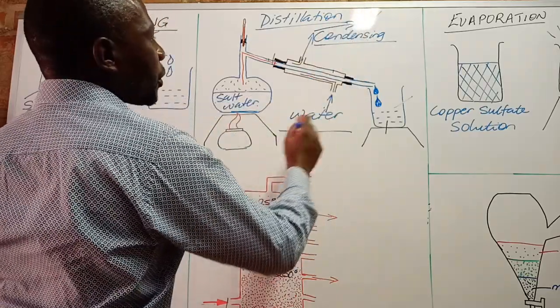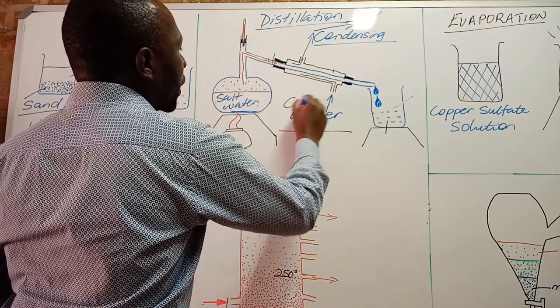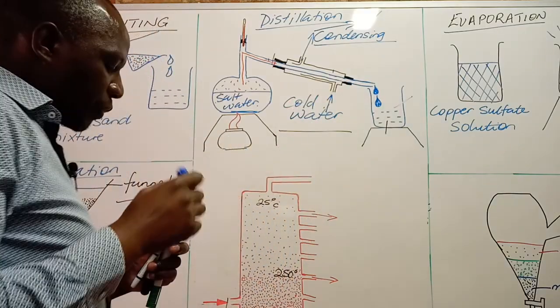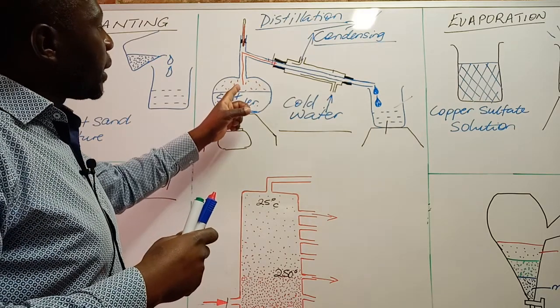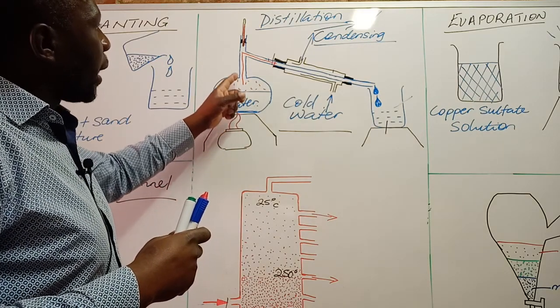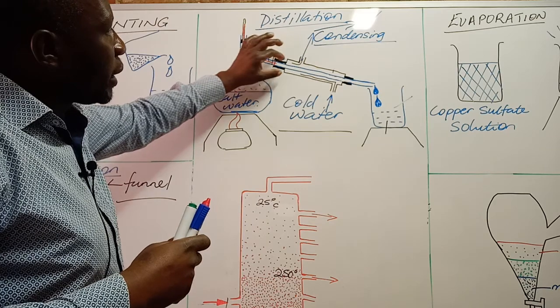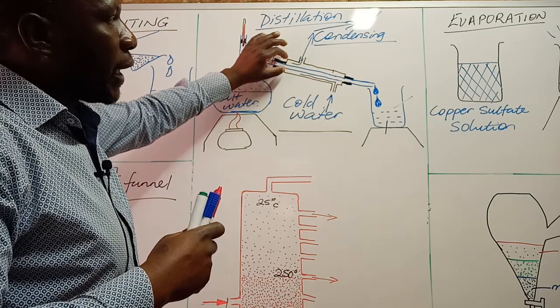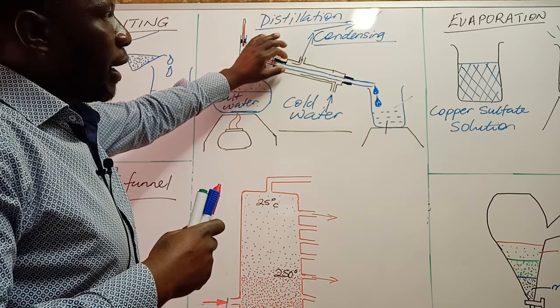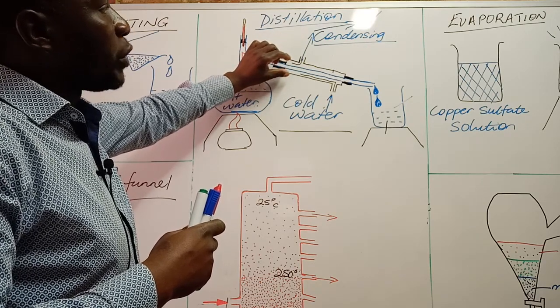So this water will be cold water. Because this water will be cold water, this steam that is escaping, this gas that is escaping, when it reaches inside the condensing apparatus, it is condensed because it will meet a cold temperature.